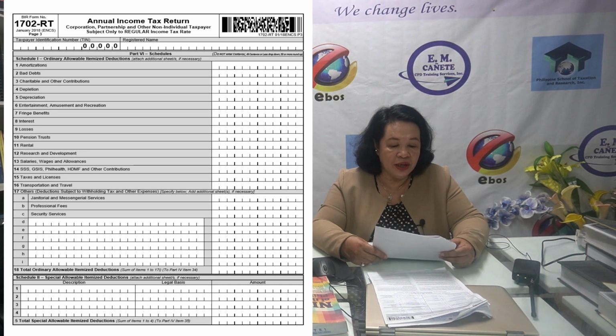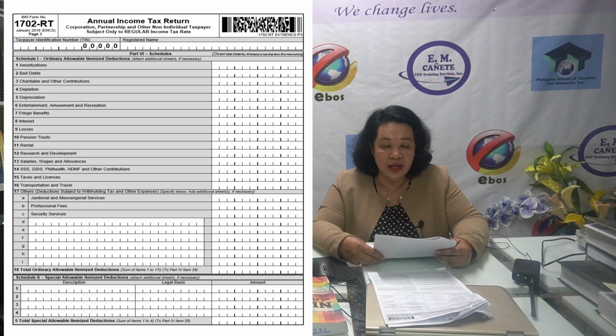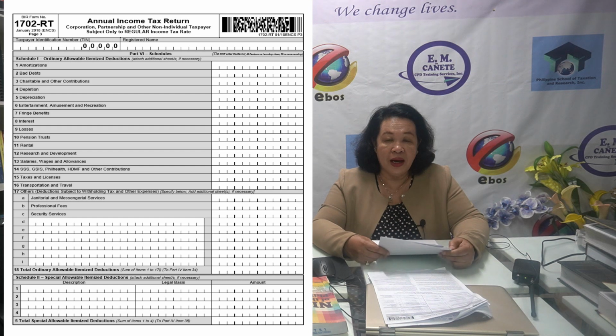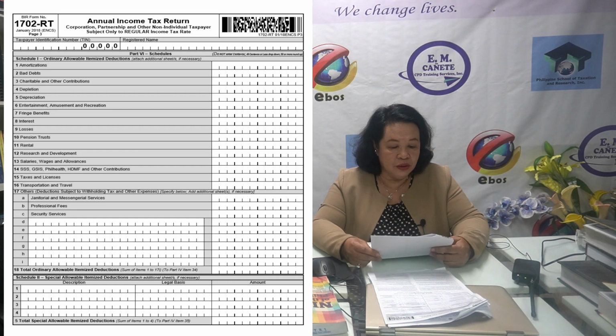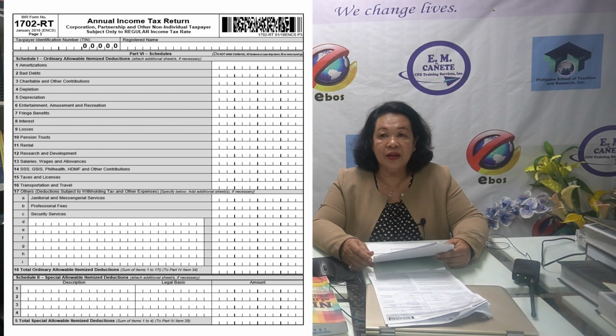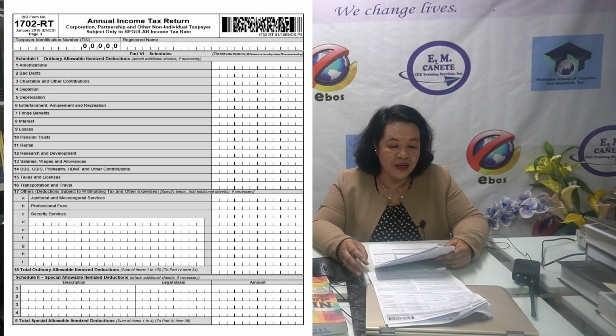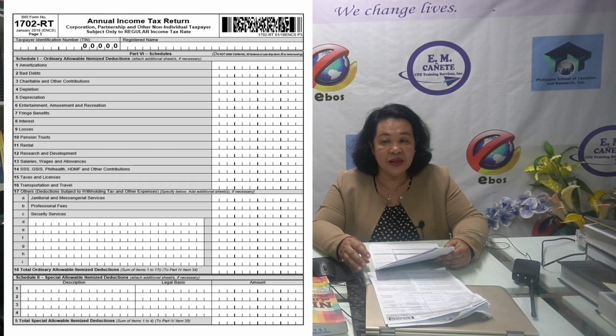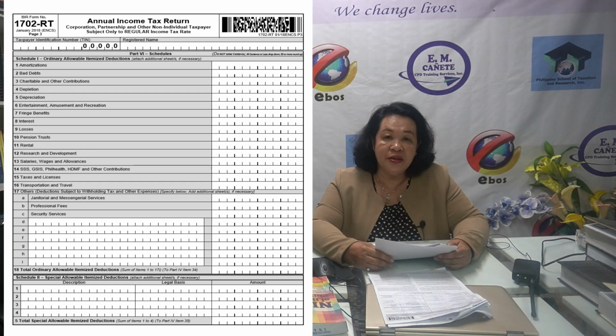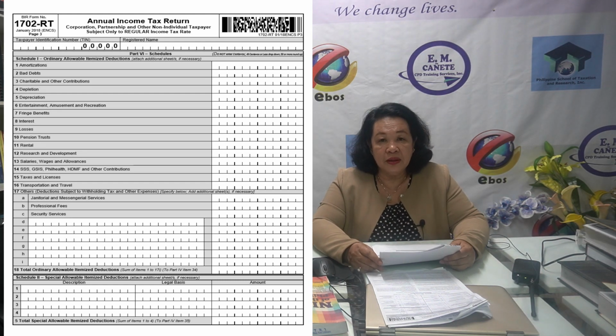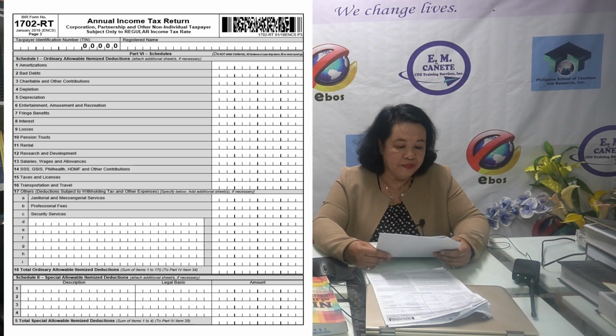So this depletion is the exhaustion of mineral resources, and the amount is determined by the accounting standards, so that mining companies, when their resources are depleted, are given an allowance so that there's not so much loss of money for them.